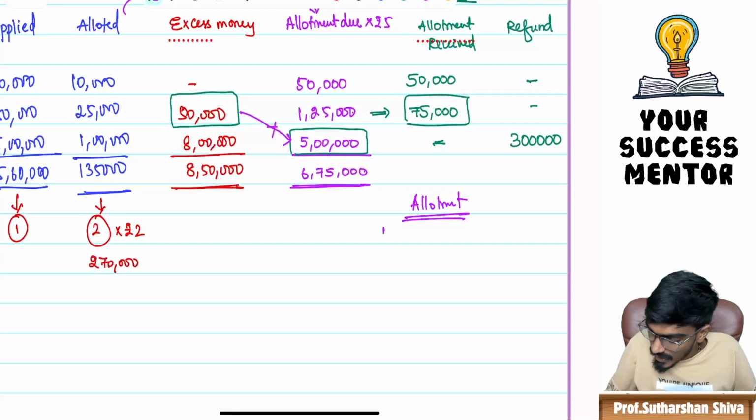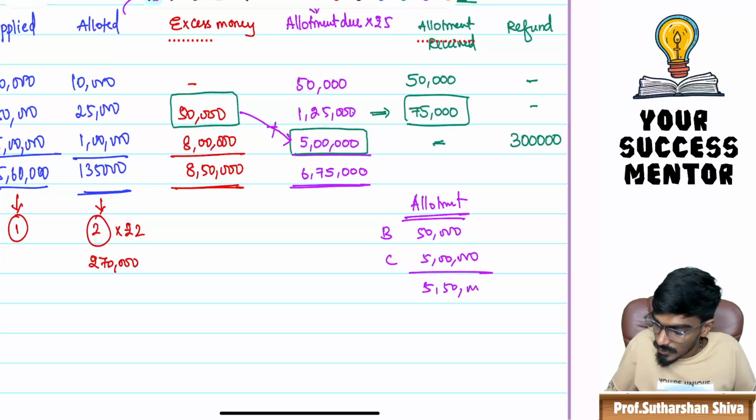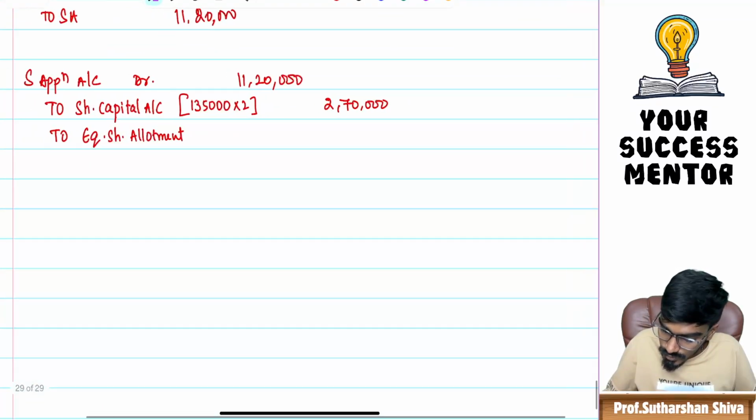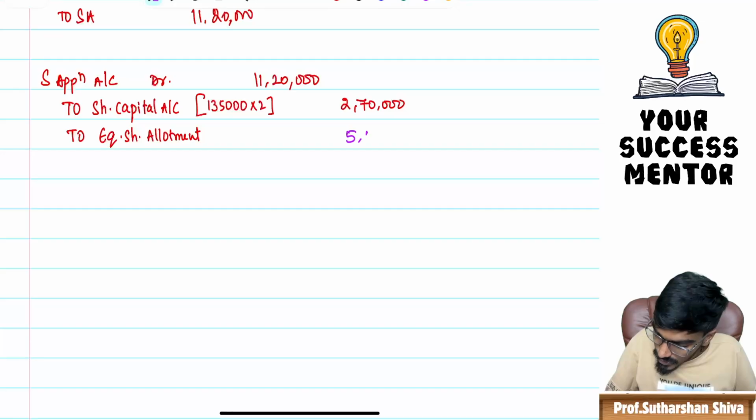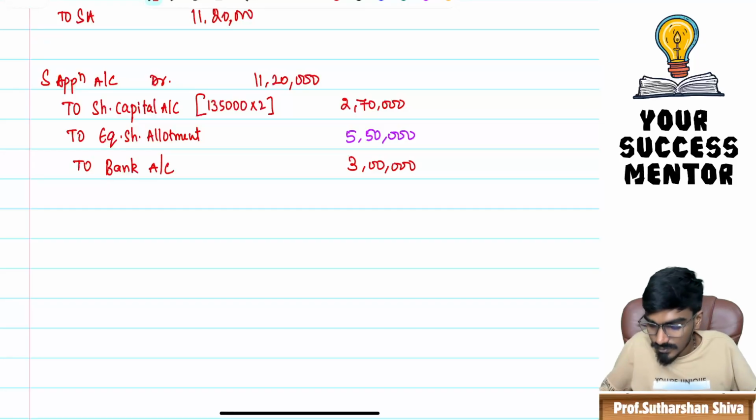From this, for category B, we are adjusting 50,000. For category C, we are adjusting 5 lakh. So it is going to be 5 lakh 50. Everybody understood? So this entry of 5 lakh 50 is very crucial. Correct? How much excess is refunded? 3 lakhs, sir. 3 lakh. Is it tallied?